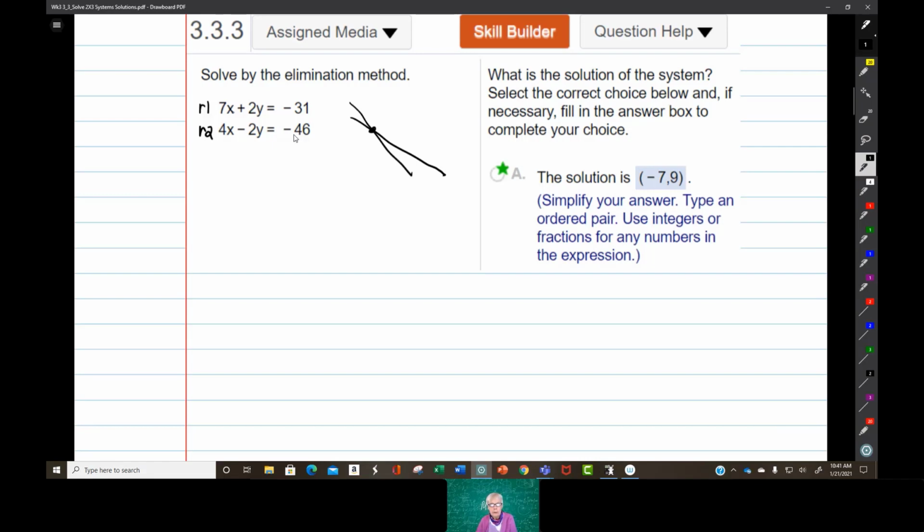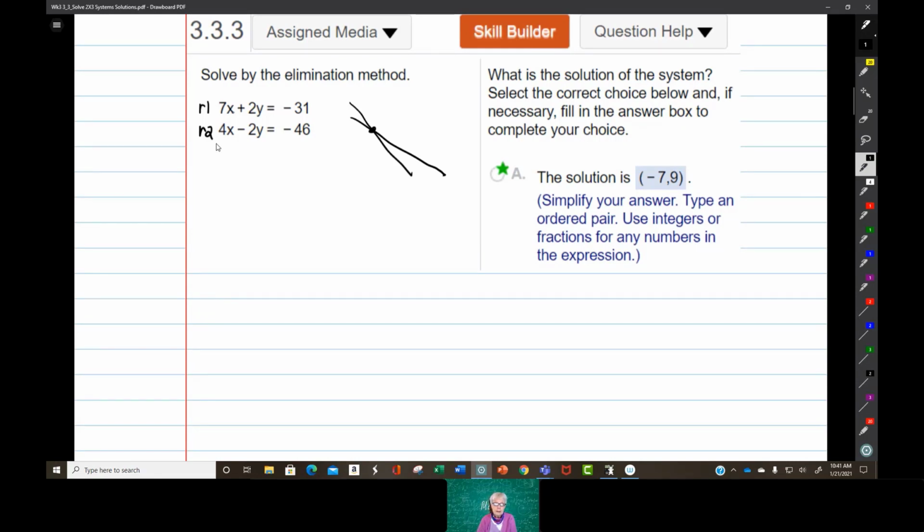And all I have to remember to do is put the X's in the same column, the Y's in the same column, and the constants, the pure numbers, in the same column on the other side of the equal sign. This is what standard form is primarily used for, solving systems of linear equations.